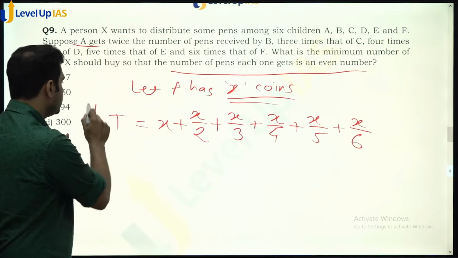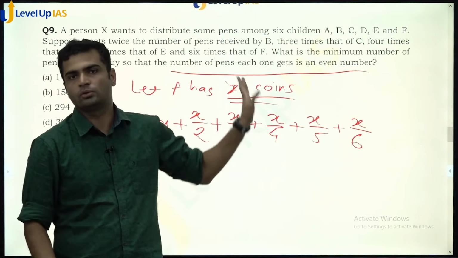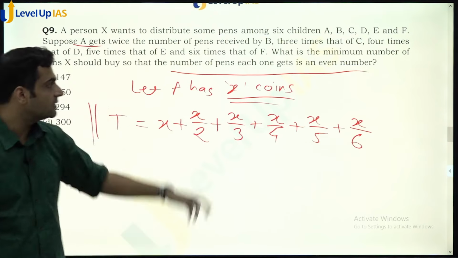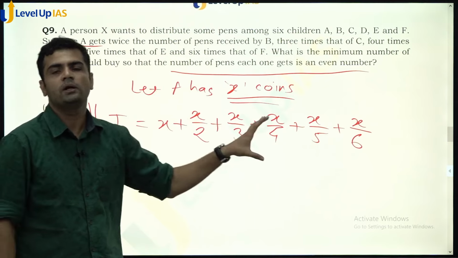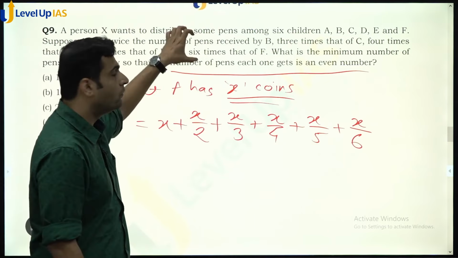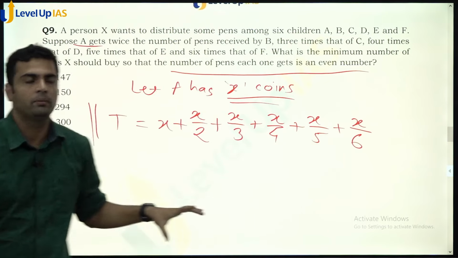If you can form this equation, you are almost through. You have almost solved this question. This is the skill that is most relevant in our CSAT paper. How to form an equation out of a given problem.